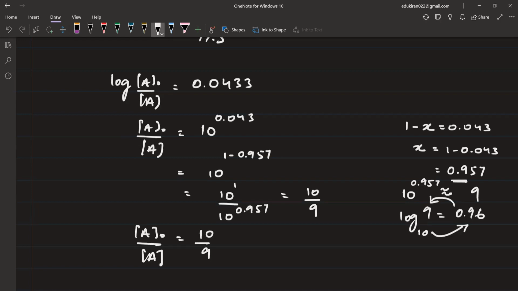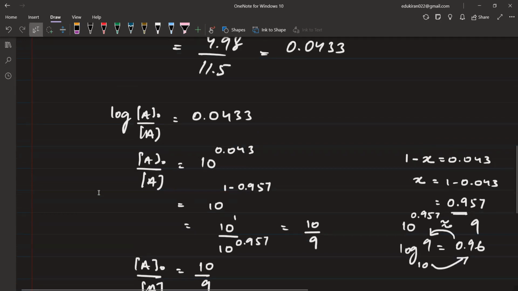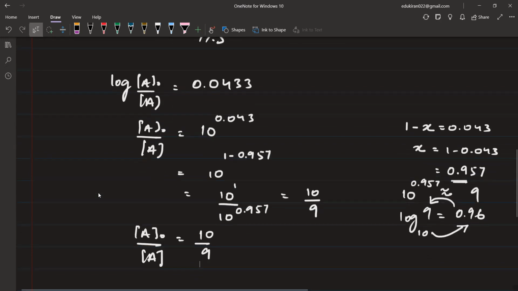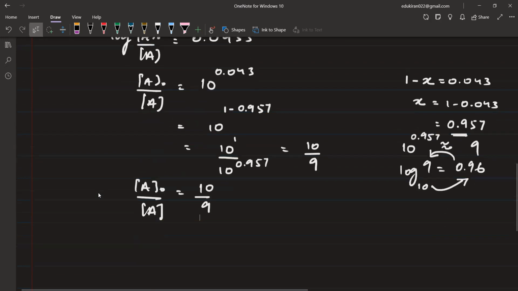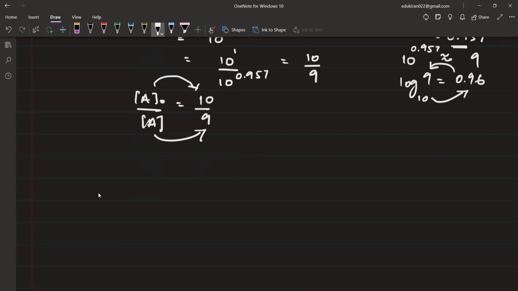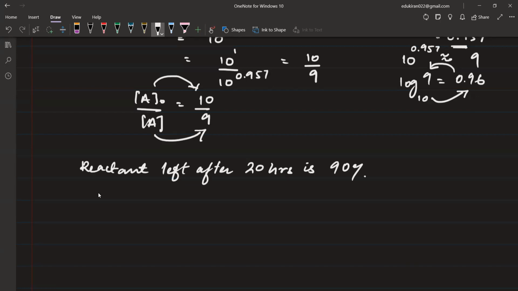That means, see, this is very important: if the initial concentration was 10, then how much reactant will be left? 9. That means the reactant left after 20 hours is 90%. You will not say 9, okay?